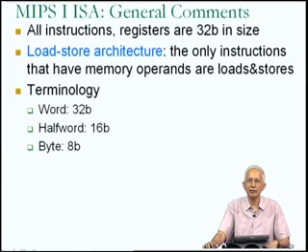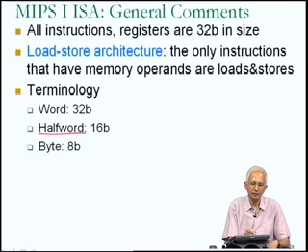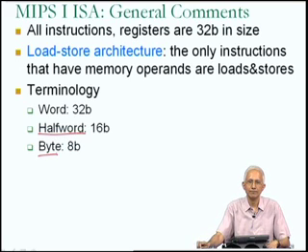However, certain data values might be 16 bits in size, and other data values, as we have seen, might only be 8 bits in size. For this reason, they have a term for a 16-bit quantity, half word, and they have a term for the 8-bit quantity, which is byte, as you would have expected. So the 3 terms in the MIPS1 instruction set relating to the size of something are word, half word, and byte, corresponding to 32 bits, 16 bits, and 8 bits.